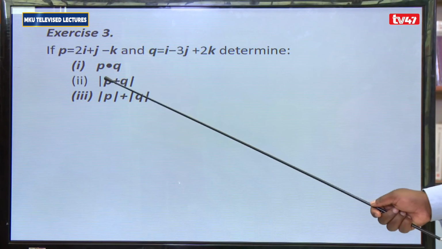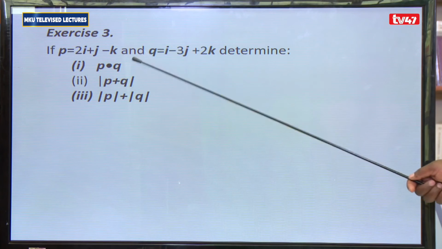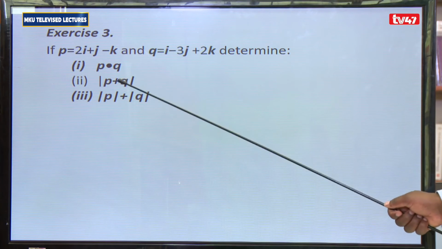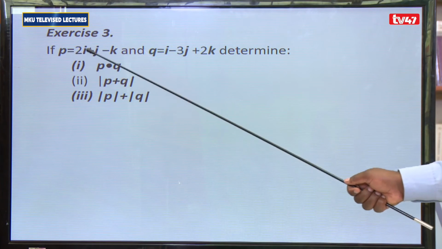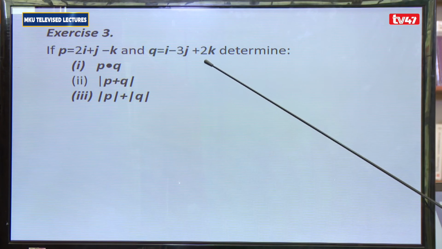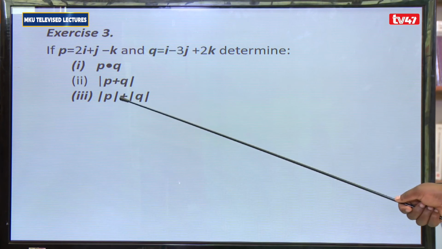And then if you have got the magnitude of P plus Q, the modulus of P plus Q, the whole, you just get the value of P, add to Q, and then the answer, you get the magnitude of it. And this is different from this.